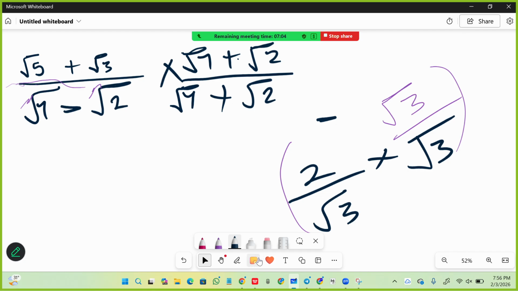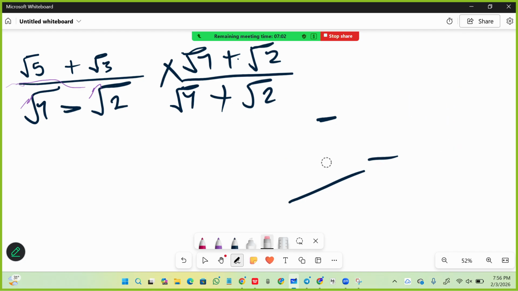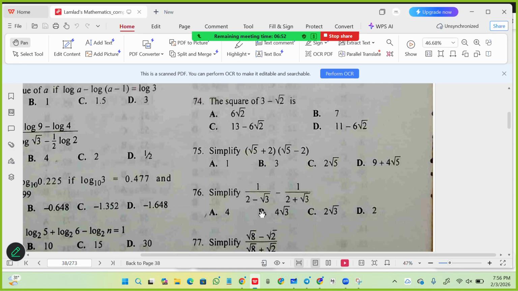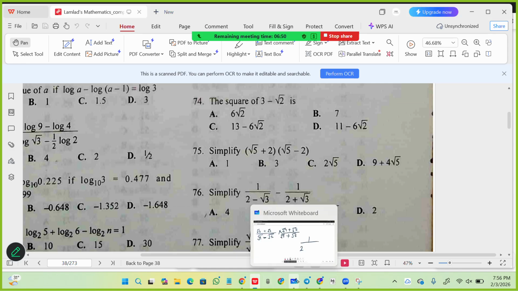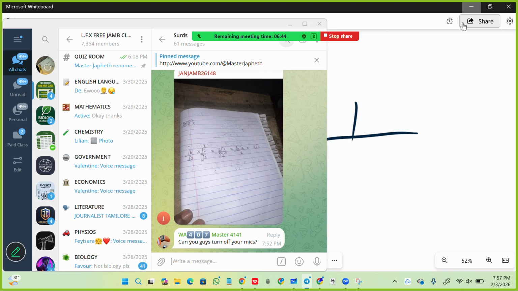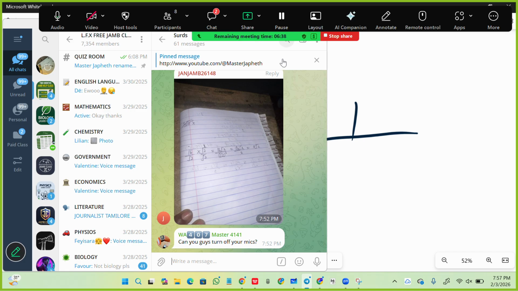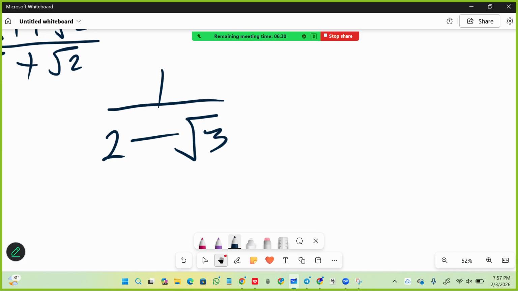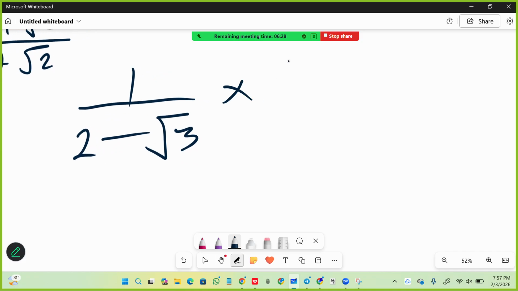You will do one for me now. 1 over 2 minus root 3, right? So based on what I've just said, what will be the multiplication here?